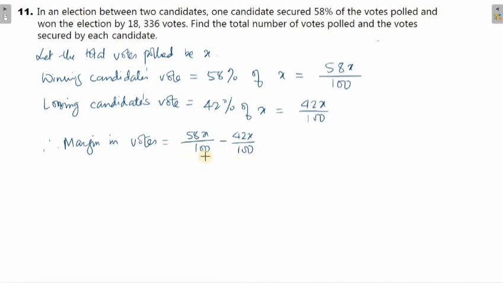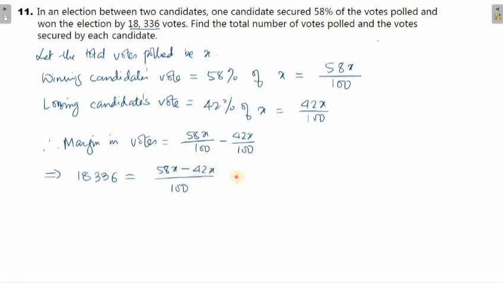So let's simplify this now. Margin in votes is given to be 18,336. When you simplify this, LCM is 100, so it becomes 58x minus 42x.